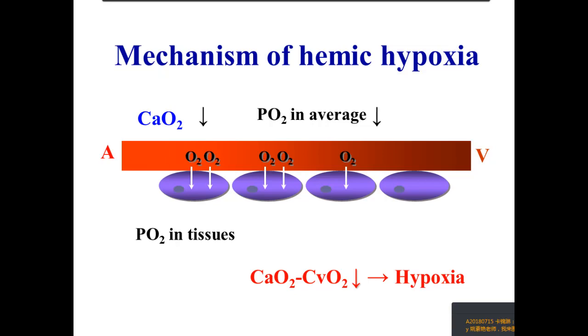Now, what is the color in hemic hypoxia? Anemia is pale. Carbon monoxide poisoning is cherry red. Methemoglobinemia or nitrate poisoning is egg coffee color.